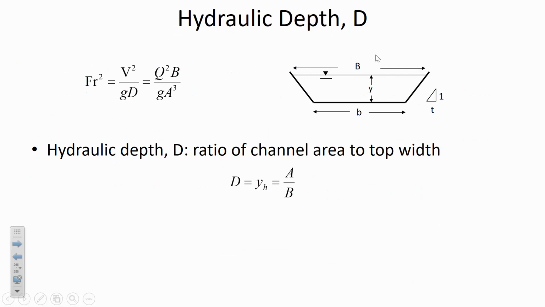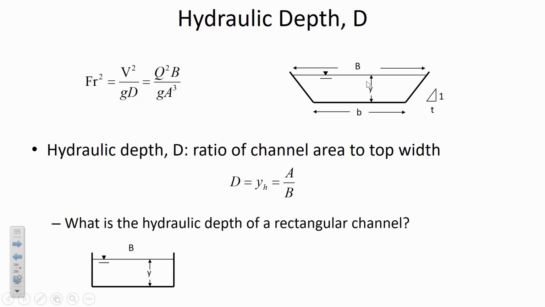Now, hydraulic depth, I think we've talked about before how it's the ratio of the area to the top width. And for a rectangular channel, the top width times the depth is area, so B times Y is the area, and then you divide it by B, so the hydraulic depth is just equal to Y. And that same thing is true if you have a very wide channel, even if it's trapezoidal.